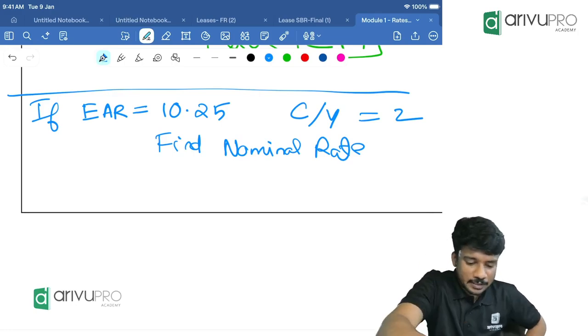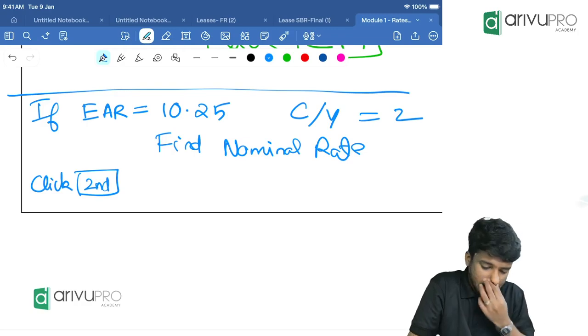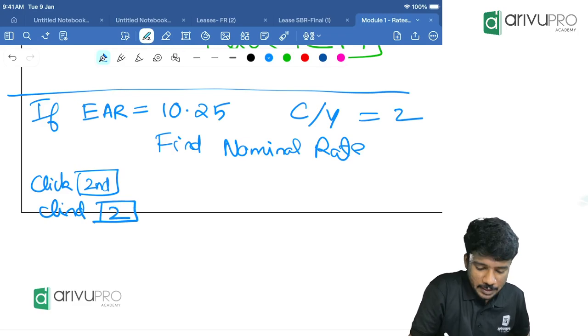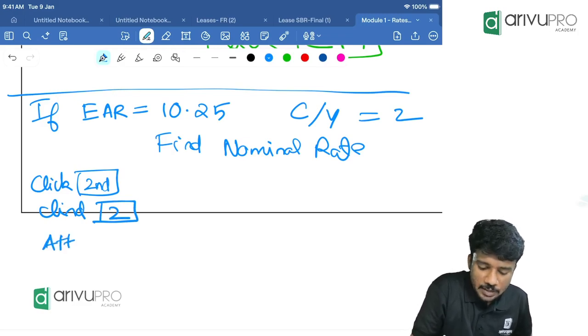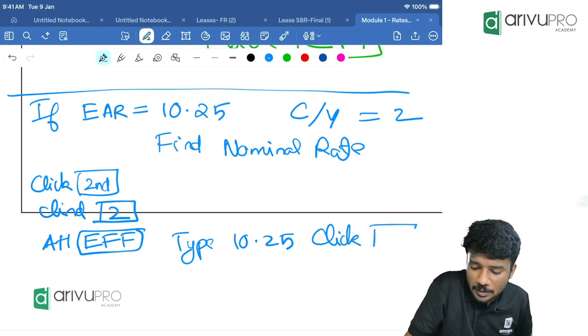So I'll write the steps once again. Click second button, then click 2 on your calculator. Then at EFF, type 10.25, then click enter button.